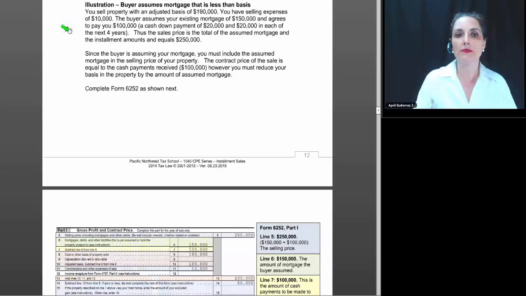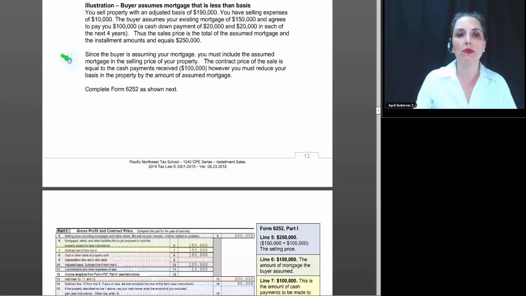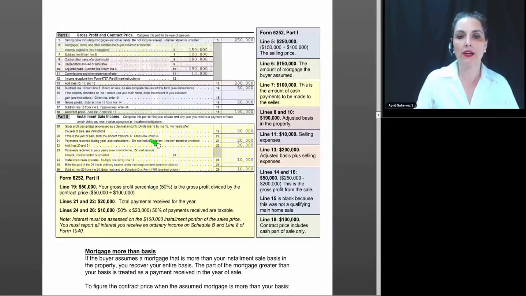Thus, the total sales price is the assumed mortgage plus the installment amounts and equals $250,000. Since the buyer is assuming your mortgage, you must include the assumed mortgage in the selling price of your property. The contract price of the sale is equal to the cash payments received of $100,000. However, you must reduce your basis in the property by the amount of mortgage assumed. So let's see how all of that comes together.